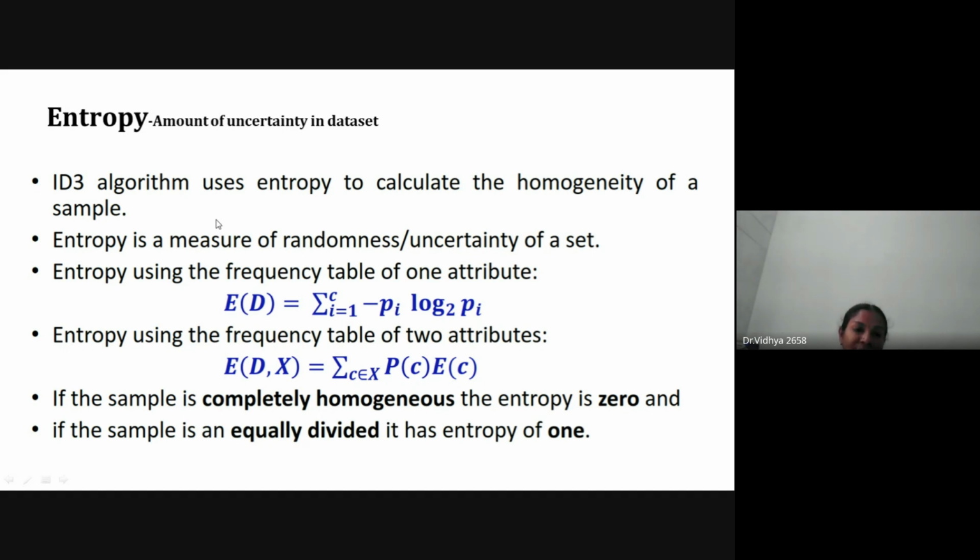We have seen entropy for a single attribute, and similarly entropy using the frequency of two attributes. If the sample is homogeneous, what would be the entropy value? And if the sample is heterogeneous, what would be the value?